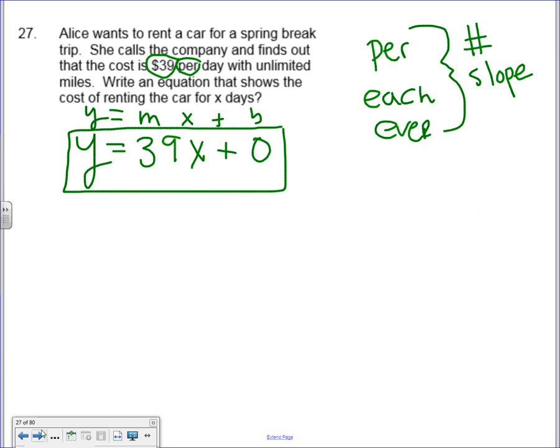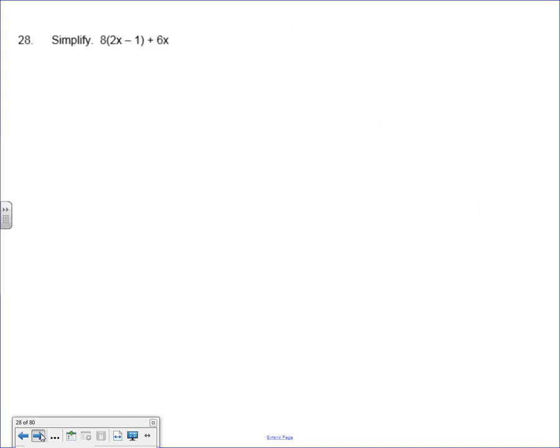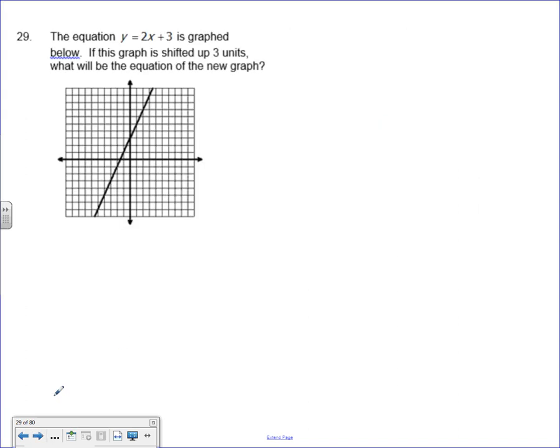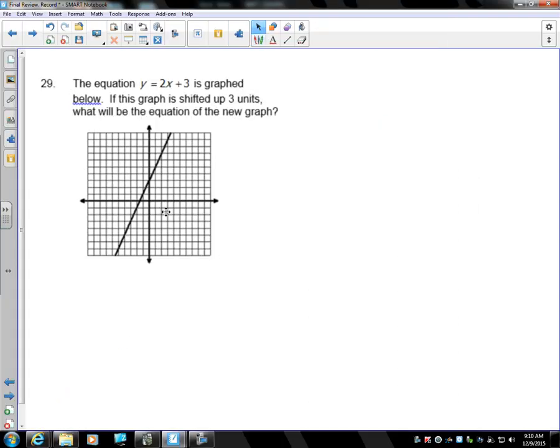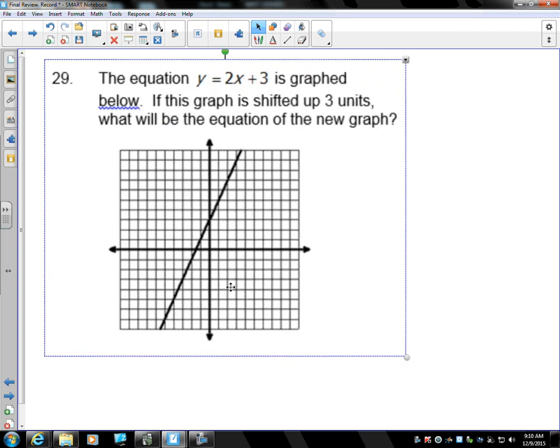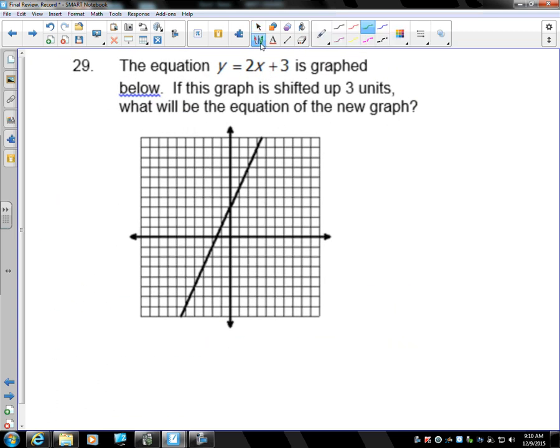Now let's look at number 29. So we're given a line and we need to shift it up by 3 units.